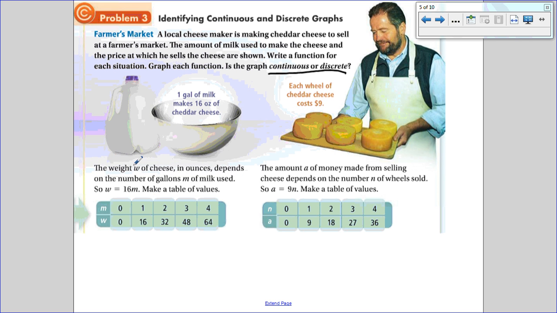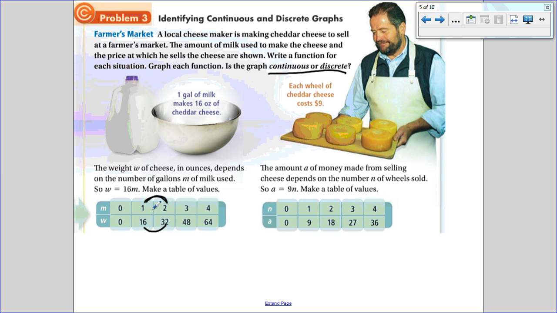This one is dealing with the weight of cheese in ounces, and that all depends on the number of gallons of milk used. So if we use 1 gallon of milk, the cheese weighs 16 ounces. If we use 2 gallons, it weighs 32 ounces. Can you have numbers in between 1 and 2 and 16 and 32? Is it possible to add 1.1 gallons of milk?